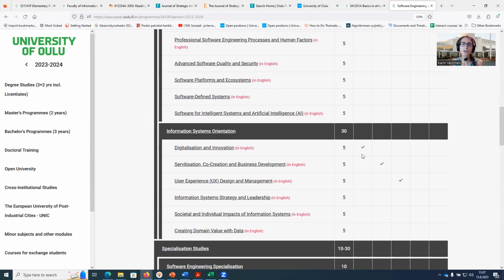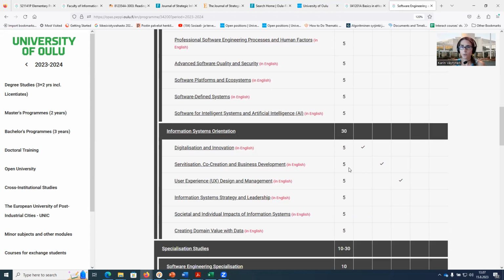You can see that you can take digitalization and innovation from the information systems orientation during period 1, and then already have 5 ECTS credits for optional studies. That would be counted as part of optional studies. Servitization, co-creation, and business development in period 2, user experience, design, and management in period 3.